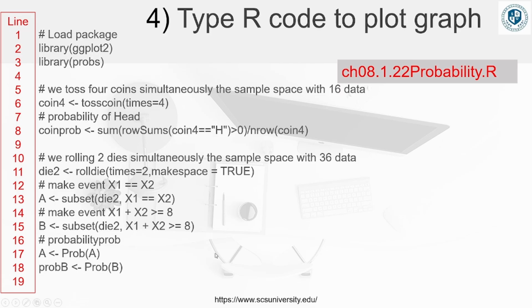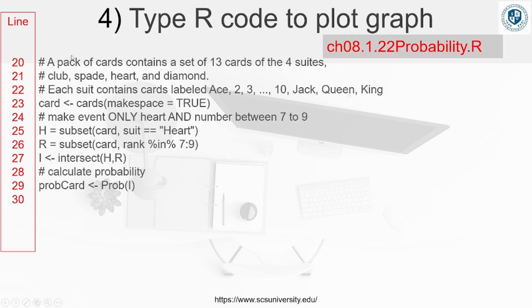Line number 19. Line number 20 sharp, a pack of cards contains a set of 13 cards of the 4 suits. It is a comment line. Line number 21 sharp, club, spade, heart, and diamond. It is a comment line.